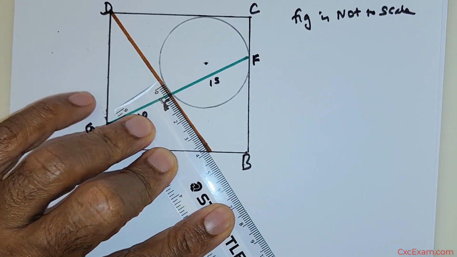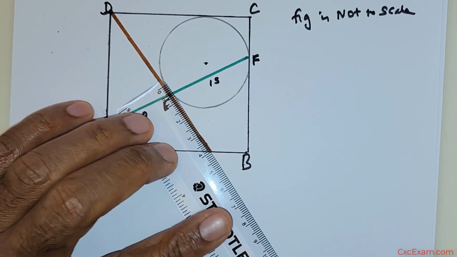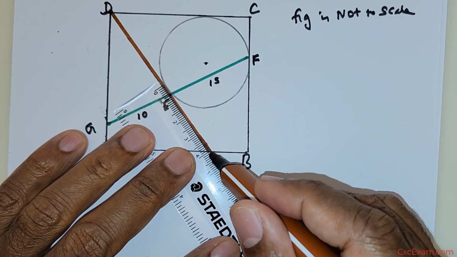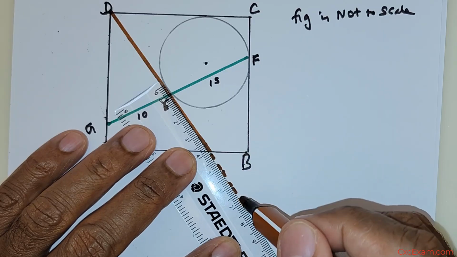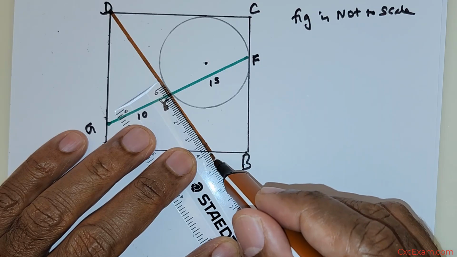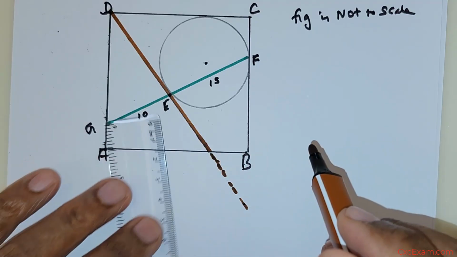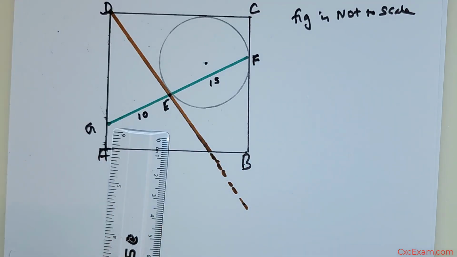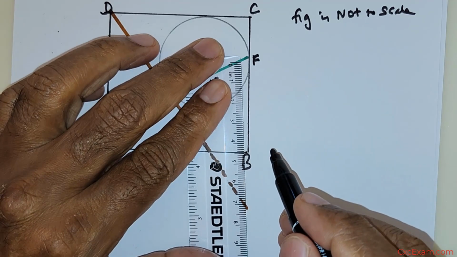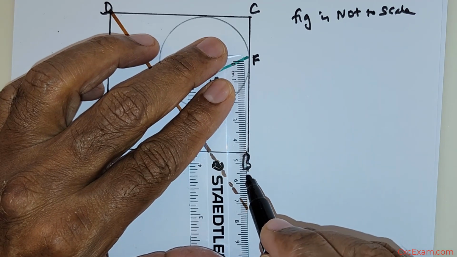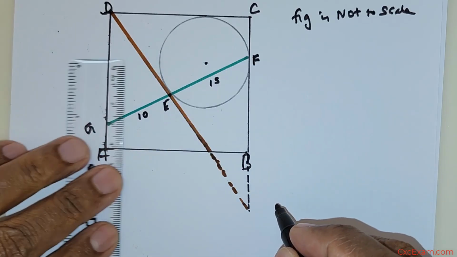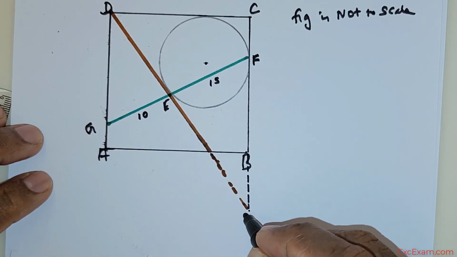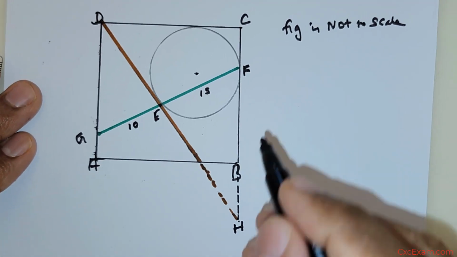So this line will be extended to meet this oncoming line. Okay, so there is a line that is coming from here. So I'm going to name this point as H.